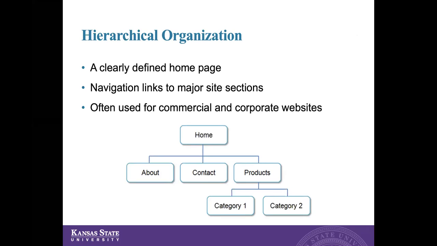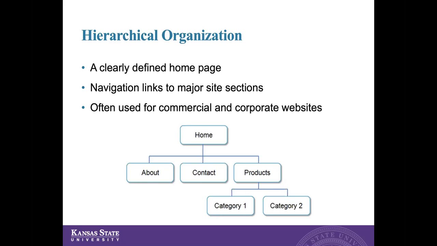So in hierarchical organization, we have a clearly defined home page. From there we have just a few major navigation links that go to our main important sections on the site. And then from there, we break off into other pages where the content is related to those main sections.